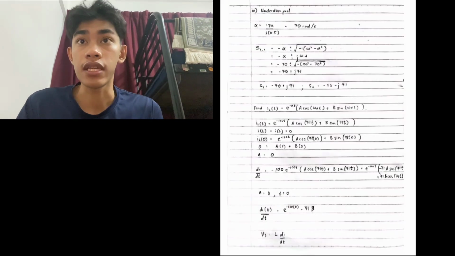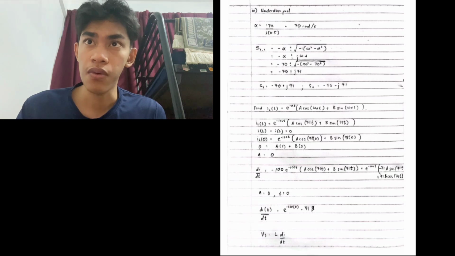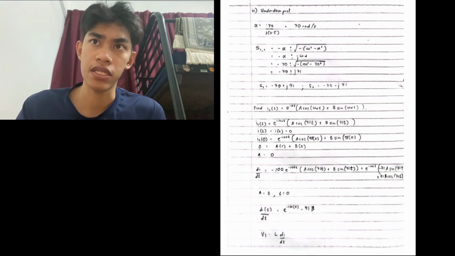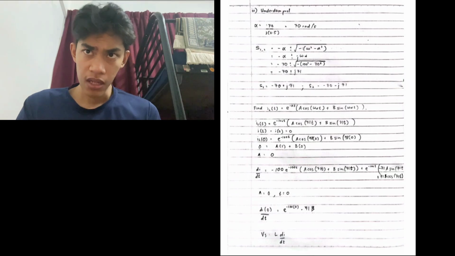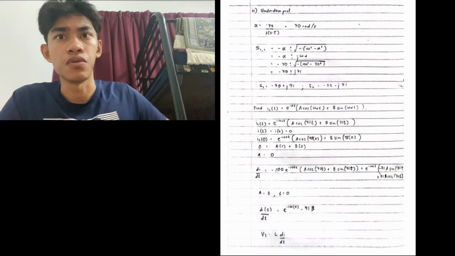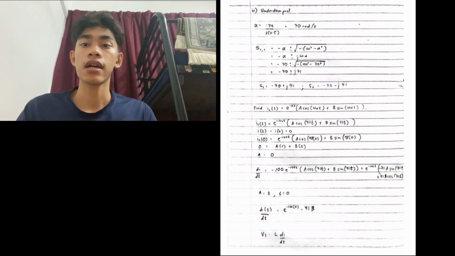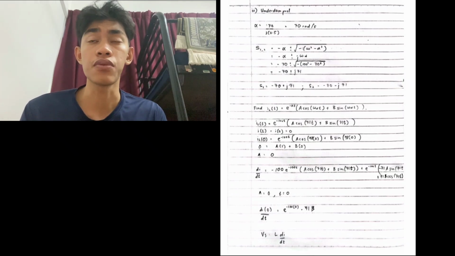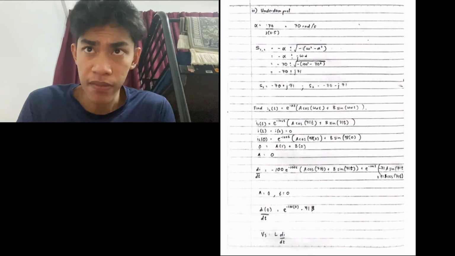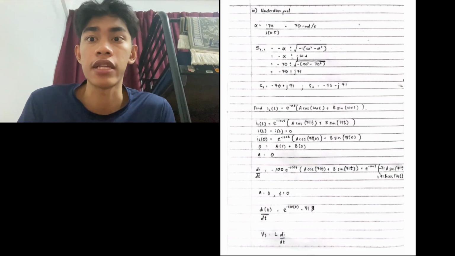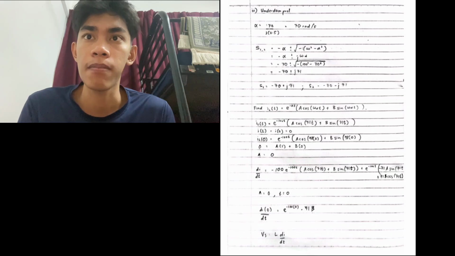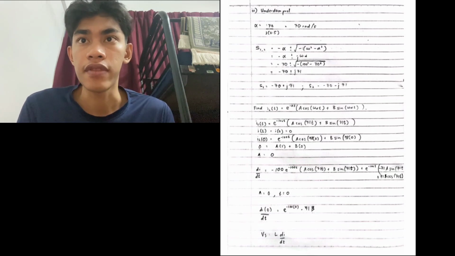And lastly, for the underdamped, we need to find alpha first. The alpha value is 70 radian per second. For S1 and S2, we need to switch the calculator from degree into radian. The S1 value is negative 70 plus j71.